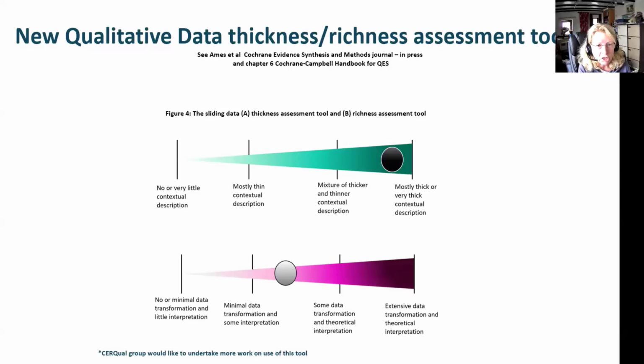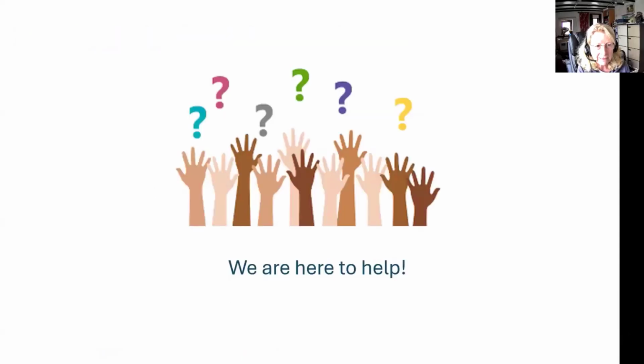It's really helpful to know how thick and how rich your data is in terms of developing your synthesis and reporting it. The extent to which you can translate and transform your qualitative data beyond descriptive to more interpretive findings will depend on the type of underlying data. So again, in terms of reporting, there are more tools to help you systematize the processes, which will help you report them.